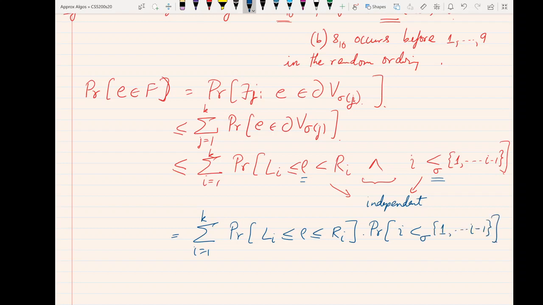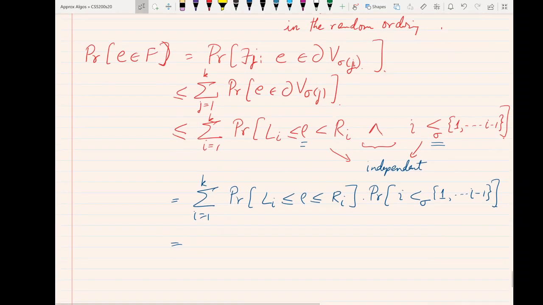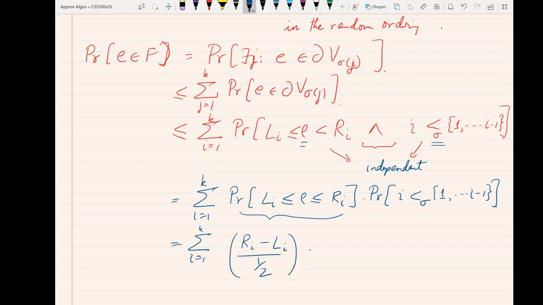This notation basically means i occurs before 1 to i minus 1 in the random permutation sigma. What is this probability? Well, this is just Ri minus Li by half, because rho is chosen uniformly at random, and the probability that i occurs before 1 to i minus 1 in the random permutation is exactly 1 over i.